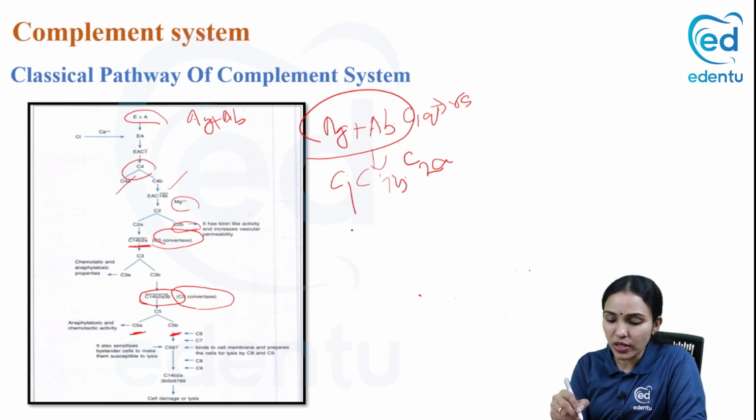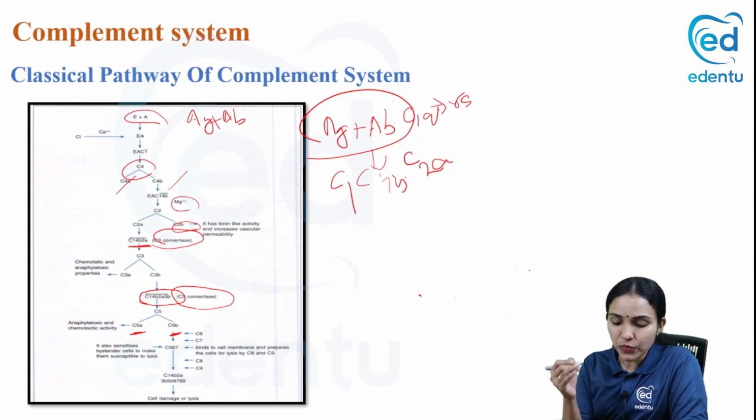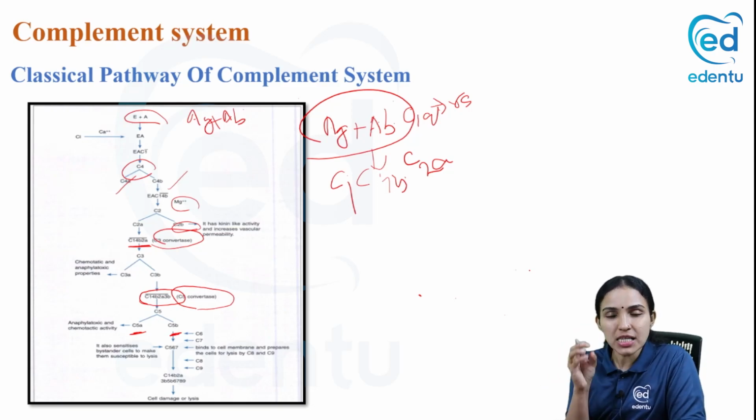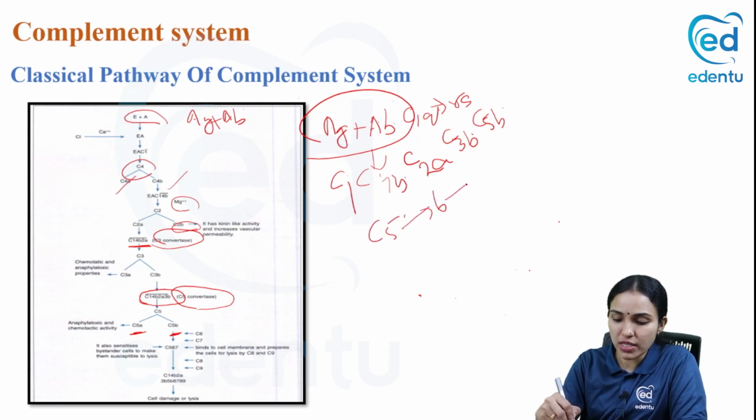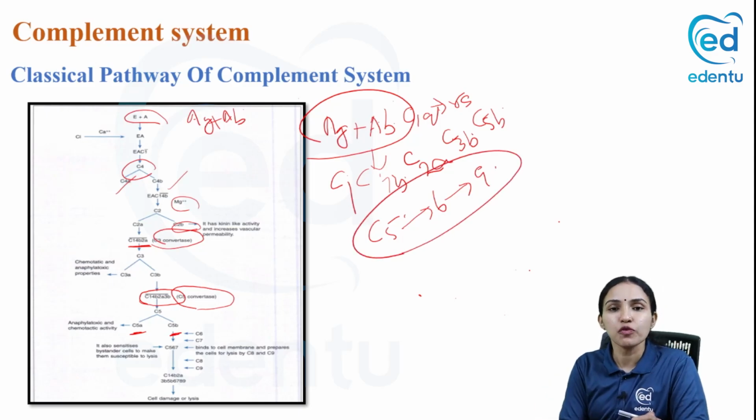So when C5 is converted into 5A and 5B, C5B is the starting point for the formation of membrane attack complex. So to this, now you have the C3B, now C5B, and the other components 6 to 9 will join with C5 together, forming the membrane attack complex.